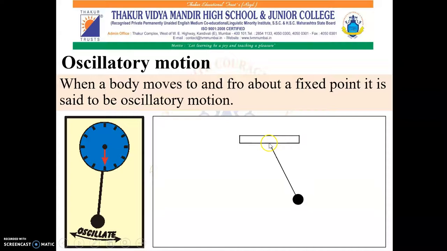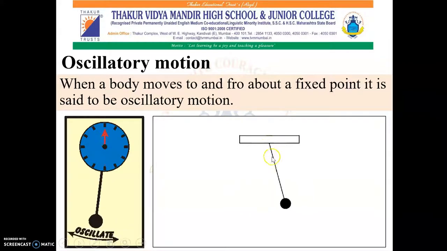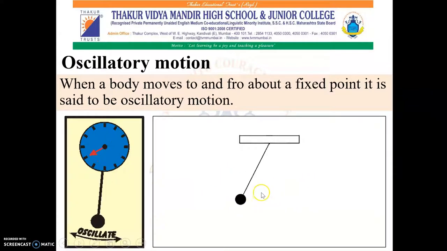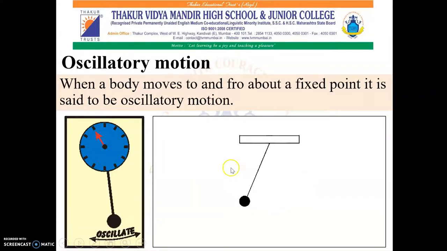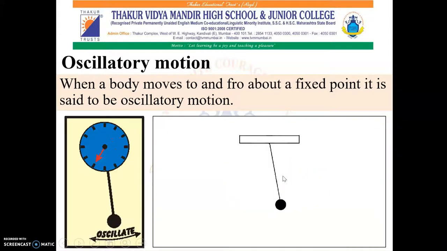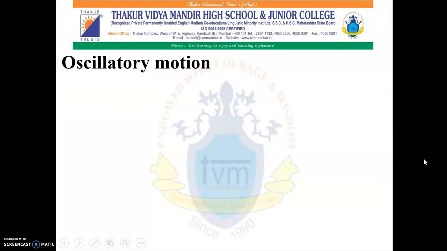Here you can see this is the fixed point, and the movement of the pendulum is to and fro about this fixed point. It is always coming back to its original position, and it is taking the same amount of time for each oscillation. So this is an example of oscillatory motion. Let us see a few more examples.